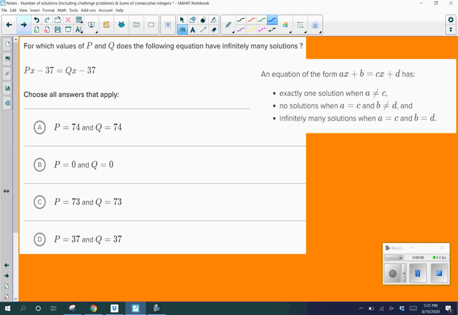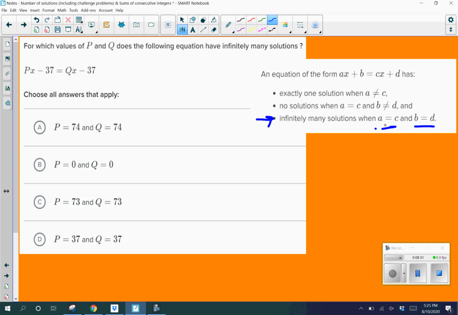Let's try another one. For which values of P and Q does the following equation have infinitely many solutions? So now we're looking at this one. So we want A and C to equal each other and B and D to equal each other. So right away I can see that B is negative 37 and D is negative 37. So that part works.